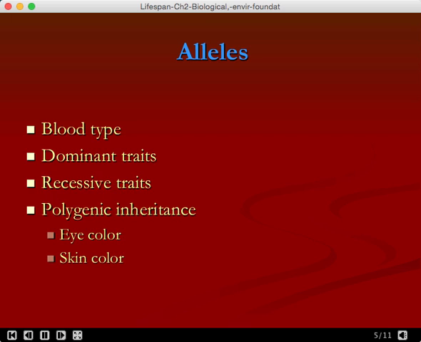Physical characteristics that follow a recessive pattern are straight hair, blonde hair, red hair, patterned baldness, nearsightedness, sickle cell anemia, Rh-negative blood, type O blood, albinism, some forms of deafness.